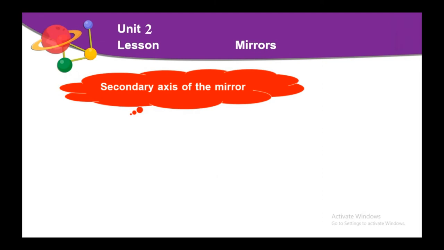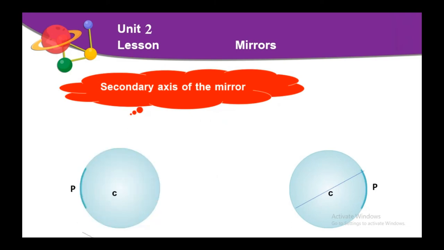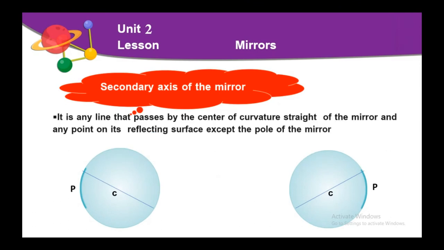Another concept related to the spherical mirror is the secondary axis of the mirror. It is a straight line passing through the center and any point on the reflecting surface except the pole.